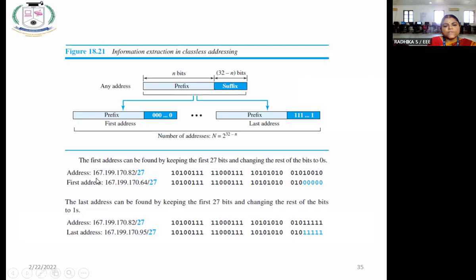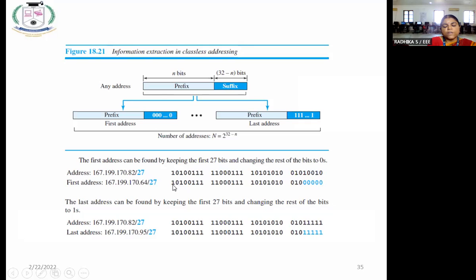If you look into this example, this is an address and there is a slash 27, which means the first 27 bits are meant for representing the network ID. Whereas 32 minus 27 is 5, and the last 5 bits are meant for representing the host ID.